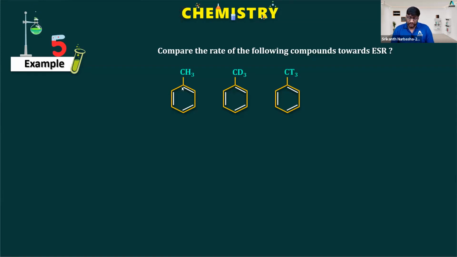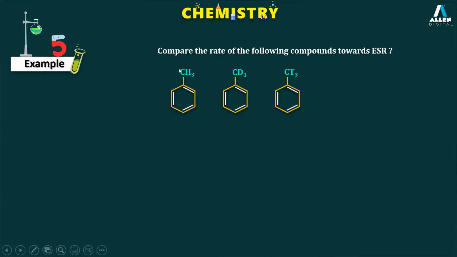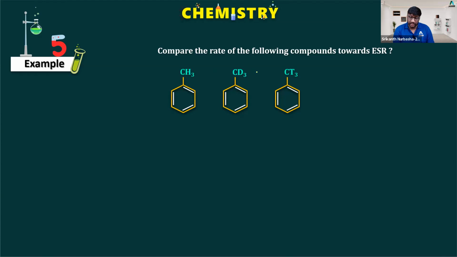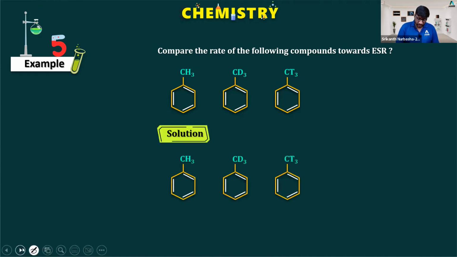Because CH3 will show hyperconjugation, while deuterium and tritium bonds, in CH3, CD3, CT3, for hyperconjugation the bond has to cleave to increase the electron density at the ortho or para position. So which bond can be cleaved easily? CH bond, then CD bond, then CT bond. That we have explained using the reduced mass concept as well. So CH3 is greater than CD3.